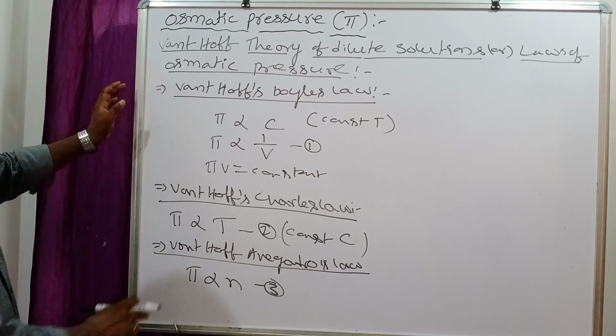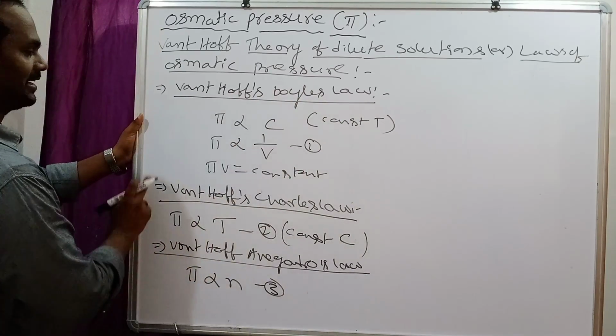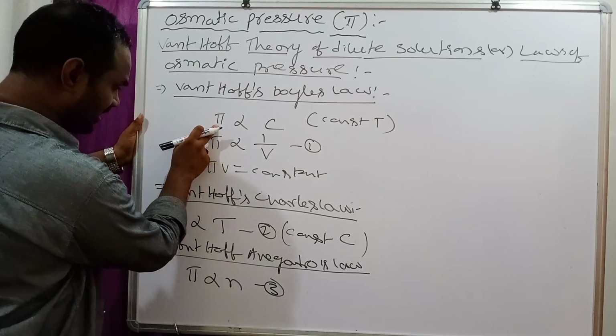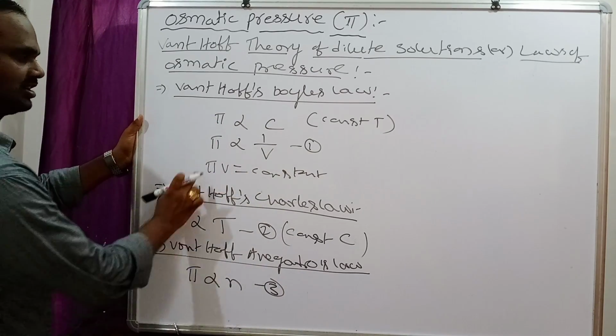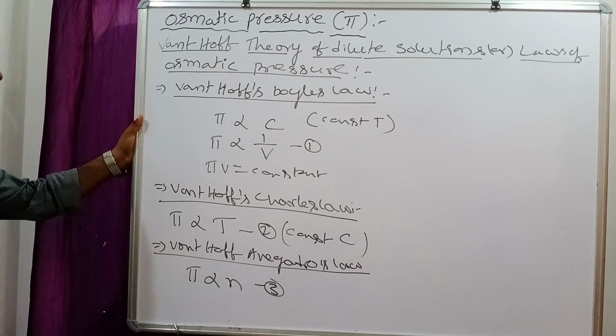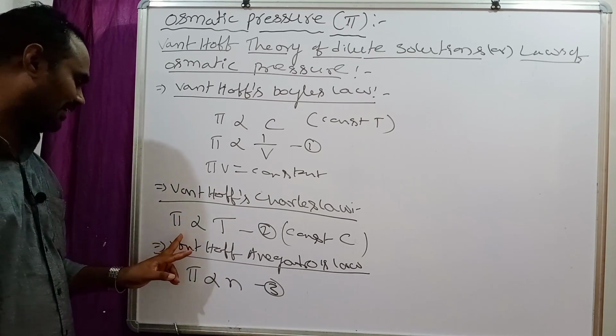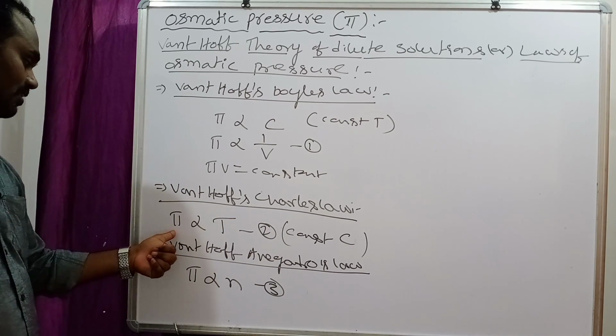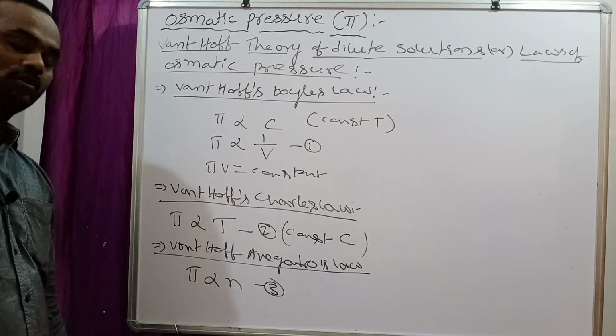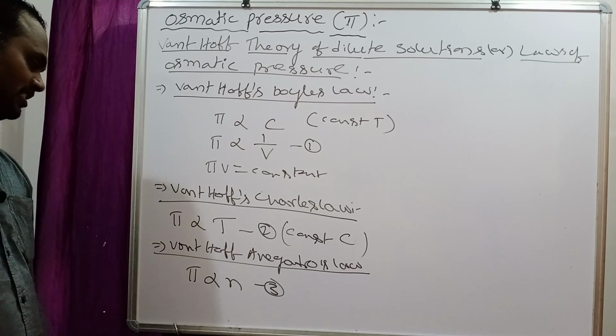Carefully see once again. Van't Hoff's Boyle's law: osmotic pressure is proportional to concentration, and inversely proportional to volume. Van't Hoff's Charles law: at constant concentration, osmotic pressure is directly proportional to absolute temperature.